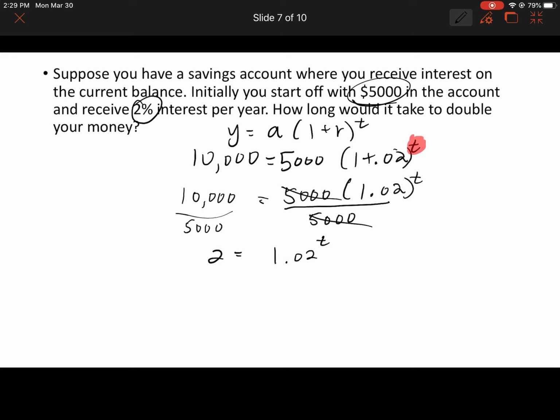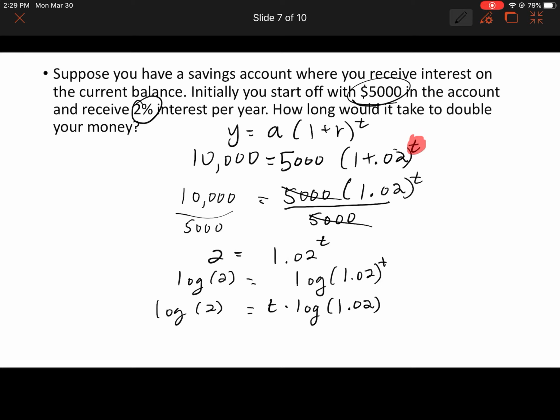Okay, now I need to get that t value, so I'm going to move it down to the bottom by taking the log of both sides of the equation. So I'm going to take the log of 2. I'm going to take the log of 1.02 to the power of t. And what this is going to do is move the t over to the bottom in front of the log, and it still stays the same.